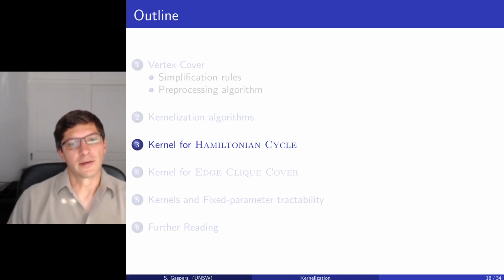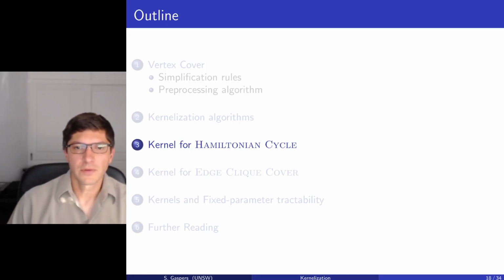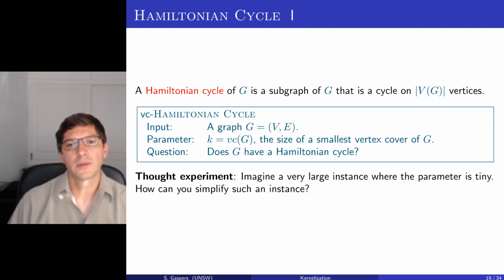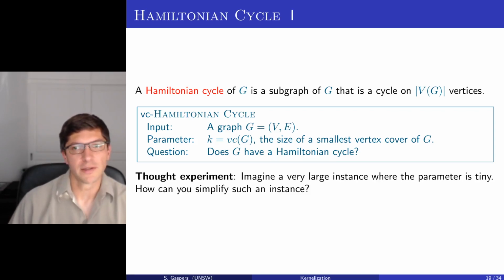Let's look at another example. So let's look at the Hamiltonian cycle problem. So what is a Hamiltonian cycle? Well, it is a subgraph of G that is a cycle that reaches every vertex in G. So it's a cycle on n vertices that's a subgraph of our input graph.